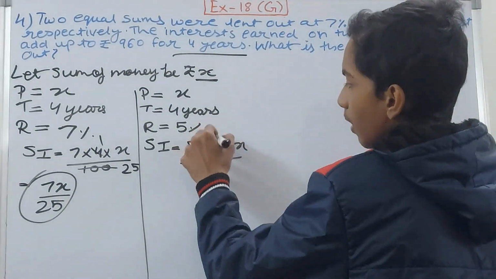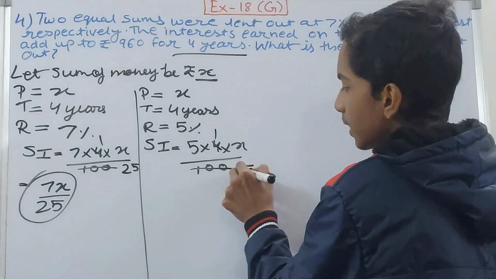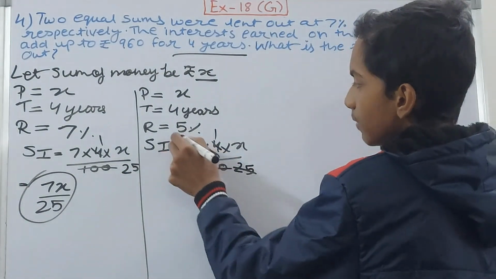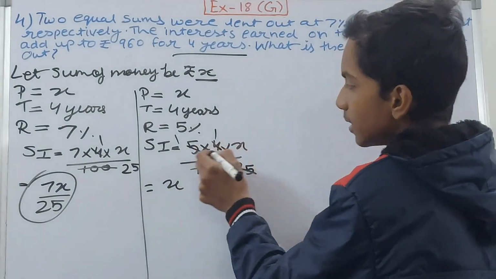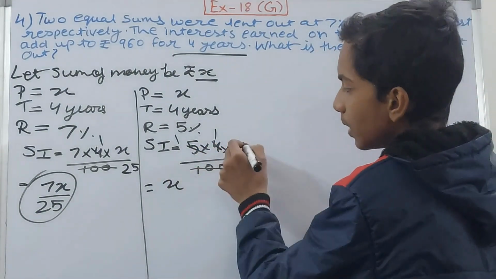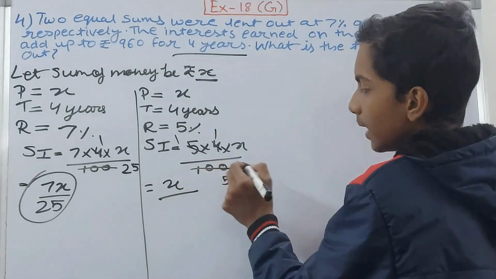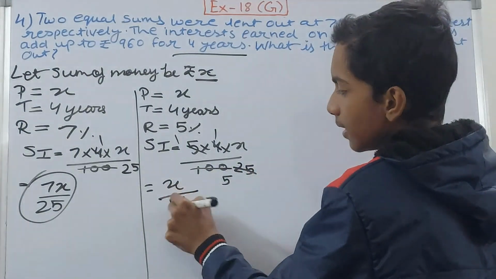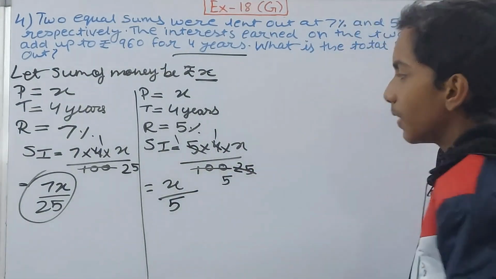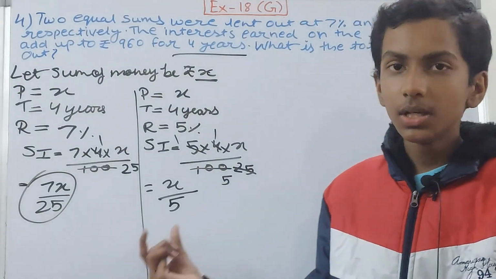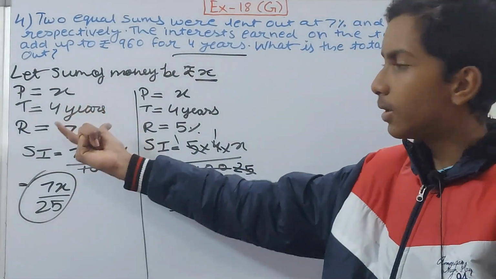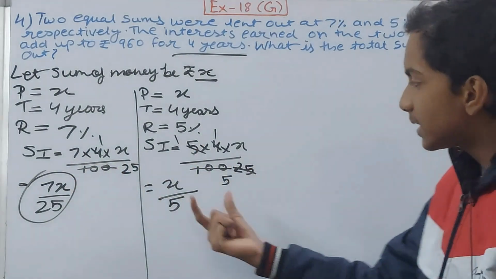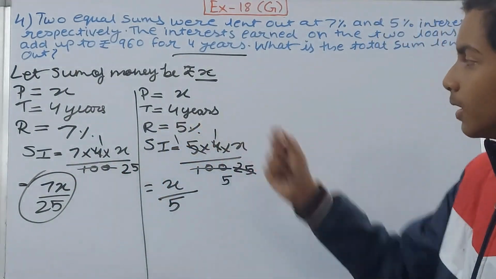Cancellation you can do in your own method. So 25 and 5 go 1 and 5 times. So we get x in the numerator, nothing else left, and 5 in the denominator. So x upon 5 becomes the simple interest. Again I'll repeat, 7x upon 25 is simple interest on 7% rate, whereas x upon 5 is simple interest on 5% rate.